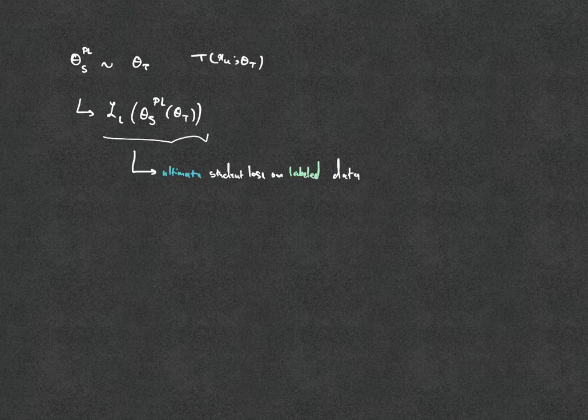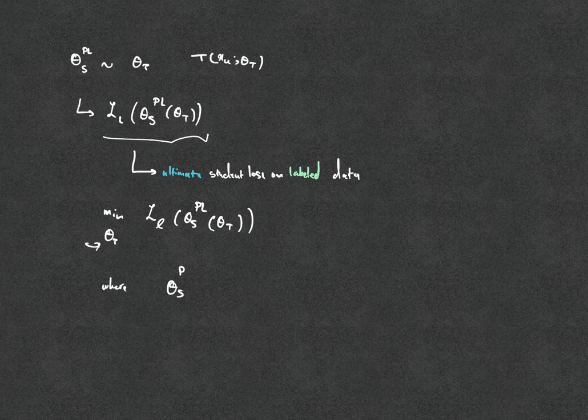And this renders L_l also a function of theta_T. So you can write the optimization objective as this. This time you want to minimize, using theta_T, the ultimate loss of the student network on labeled data, where the parameters of the student model ultimately are a function of the parameters of the teacher model computed this way.